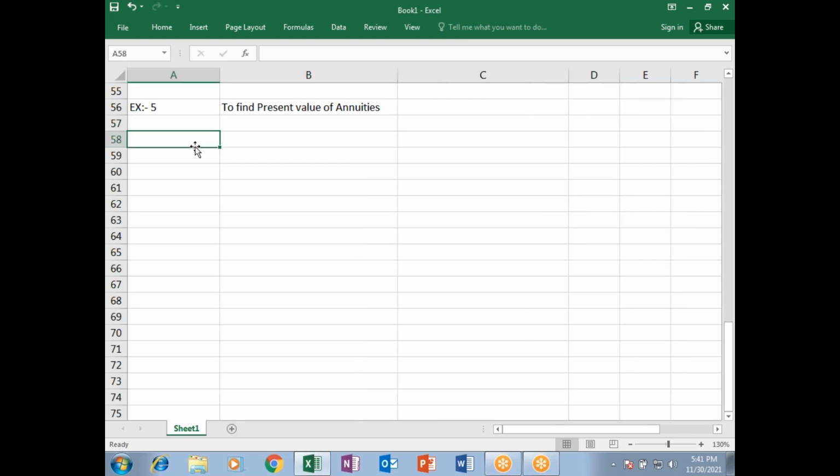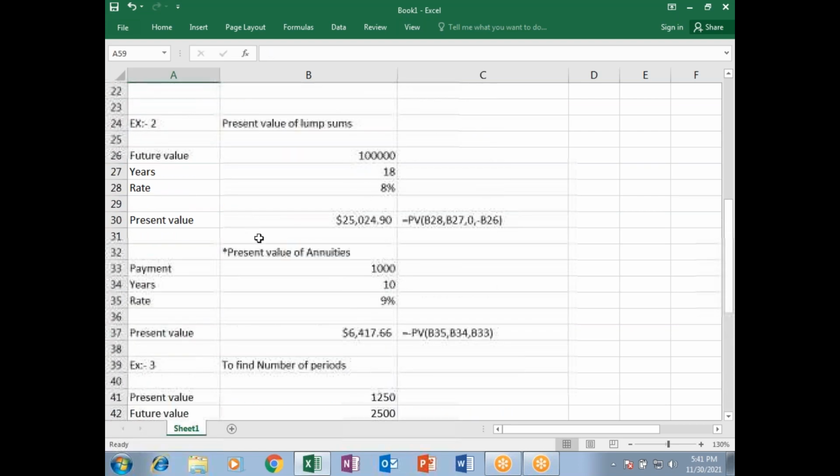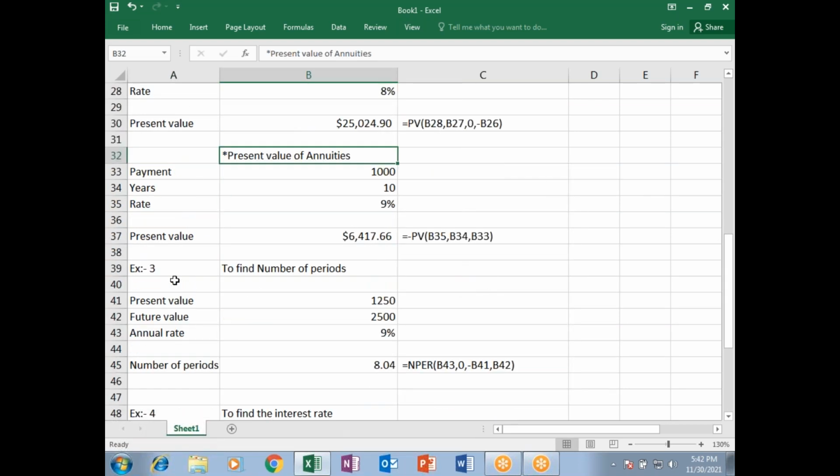So here what I will mainly have is my payment amount. I have talked about this second. Whenever you want to find out the annuity of the present value, then use the payment amount.